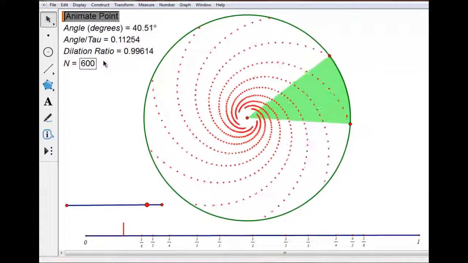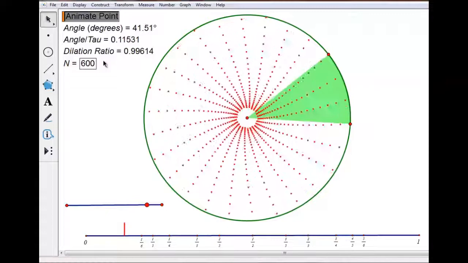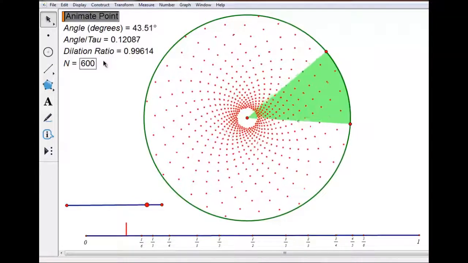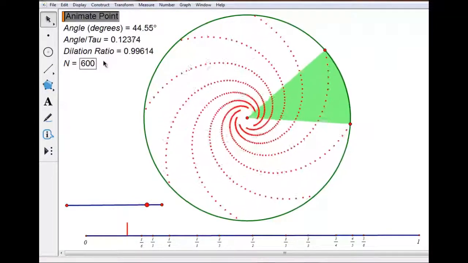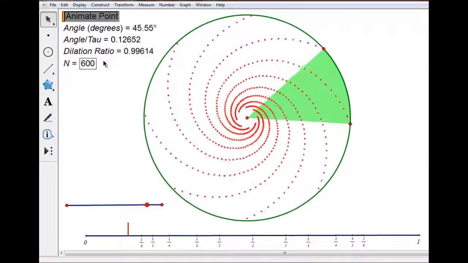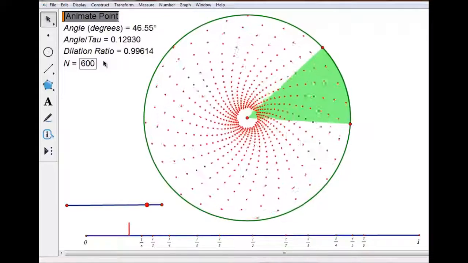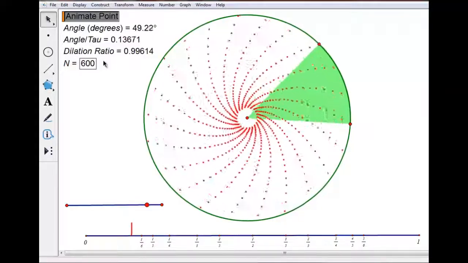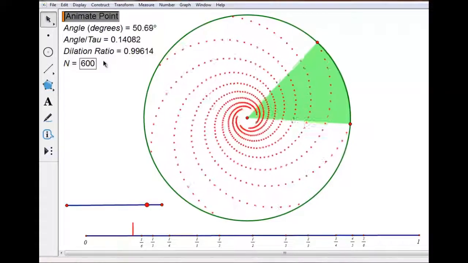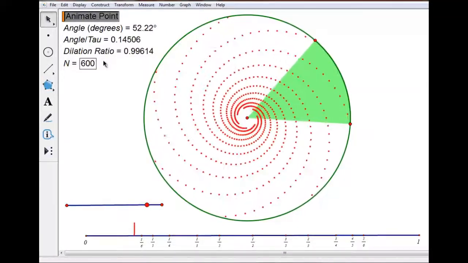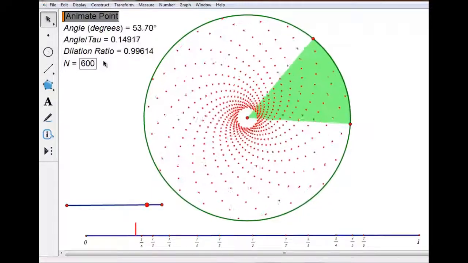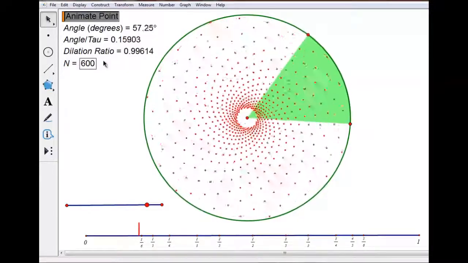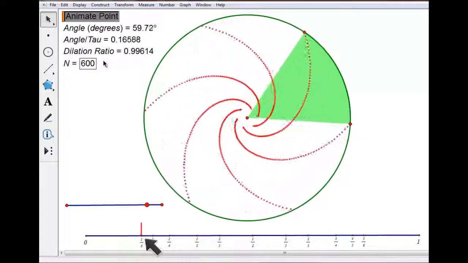One ninth. One eighth. One seventh. One sixth.